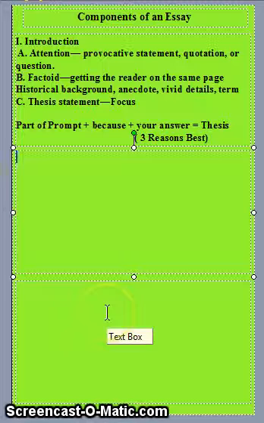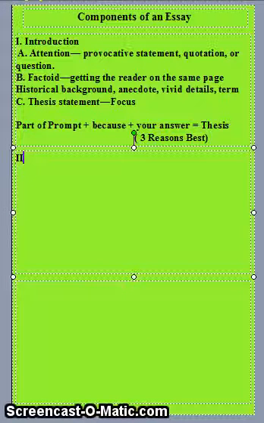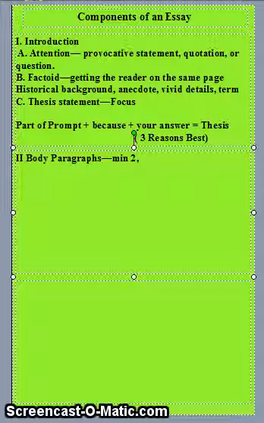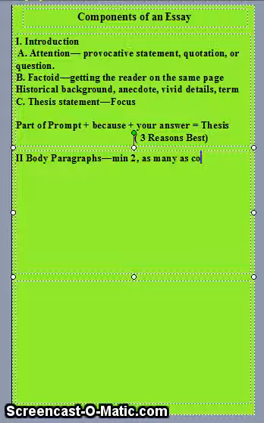You're going to have body paragraphs, and it doesn't really matter how many body paragraphs you have. They're all the same. You have to have a minimum of at least 2, but you need to really have as many as covers the topic.